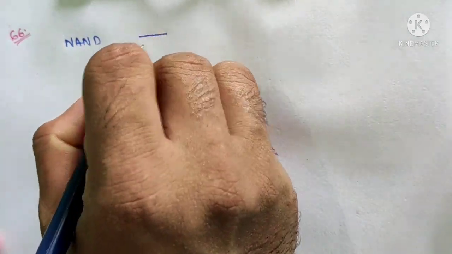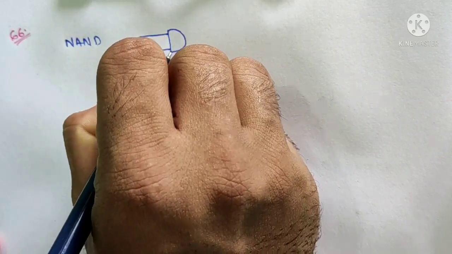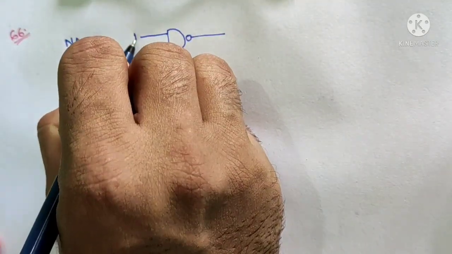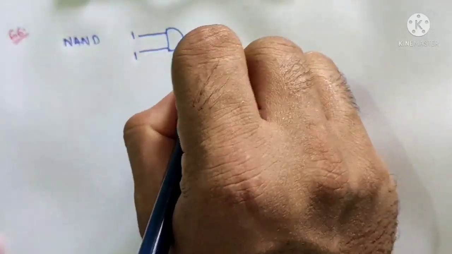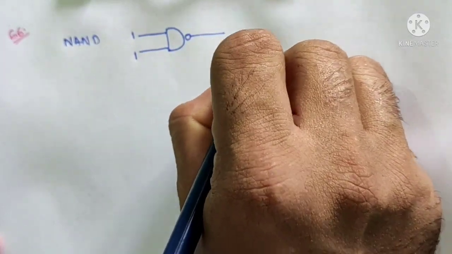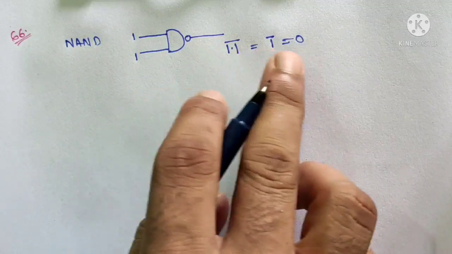Let us consider 2 input NAND gate. So this is our NAND gate. Now when inputs are 1 1, the output will be (1 1) complement, that is 1 complement equal to 0. So when all the inputs are 1, its output is 0.